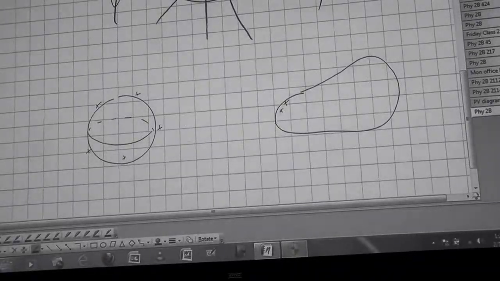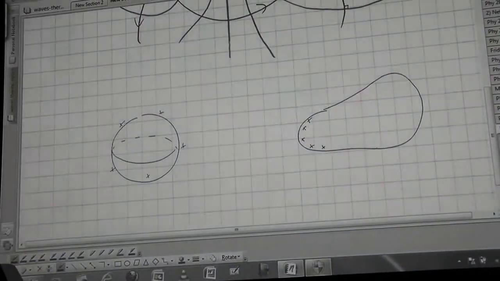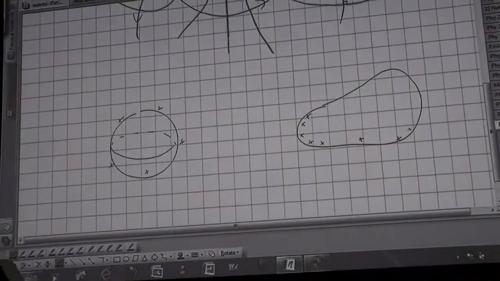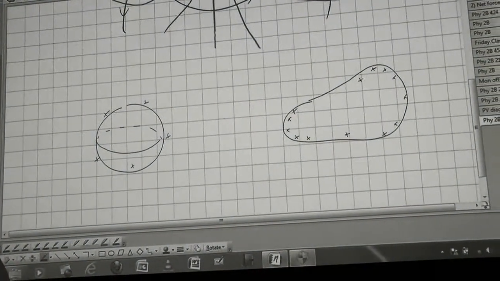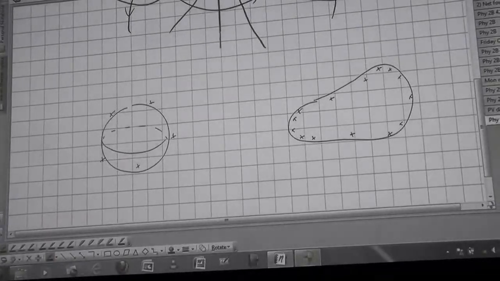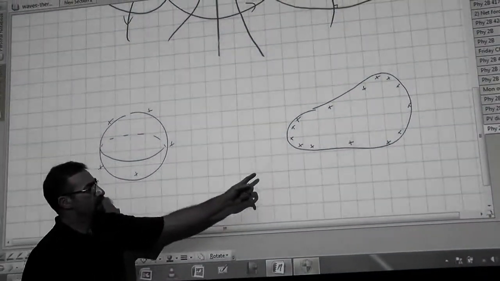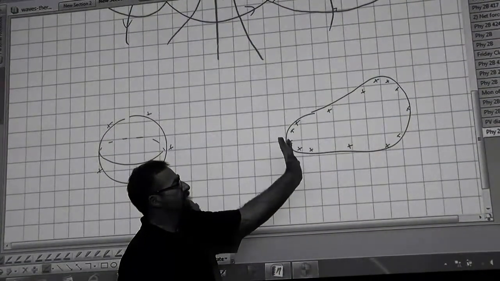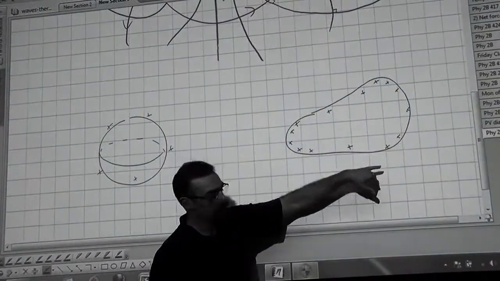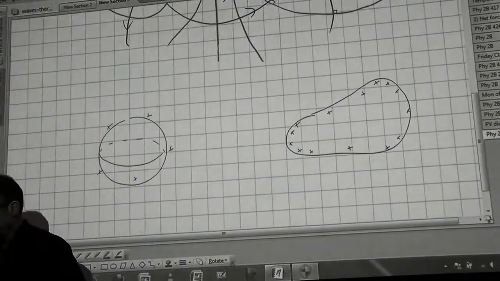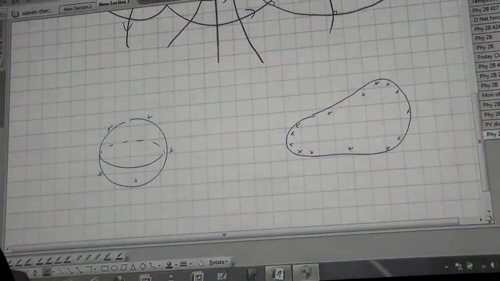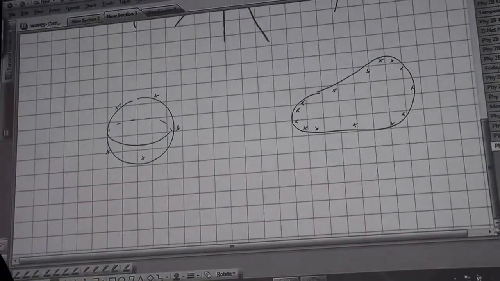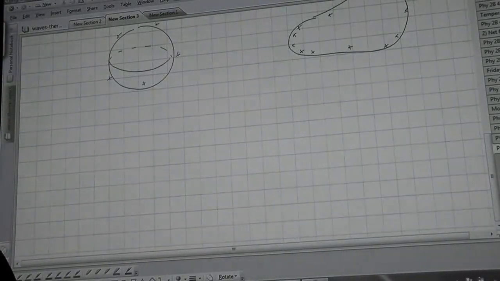The charge will group up where the radius of curvature is smallest. And why does it do that? Because it wants the potential to be the same everywhere. So let's take a look at how we can figure out the electric potential on a conductive sphere or shape like this.